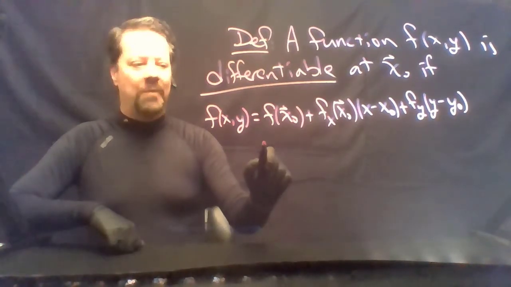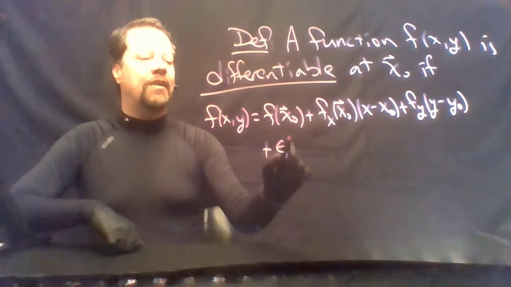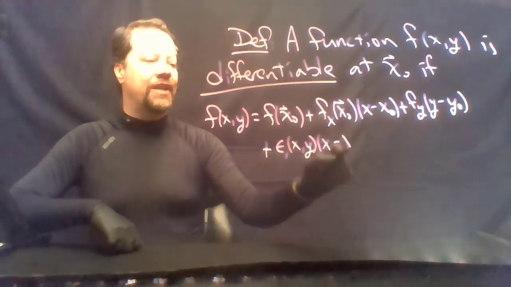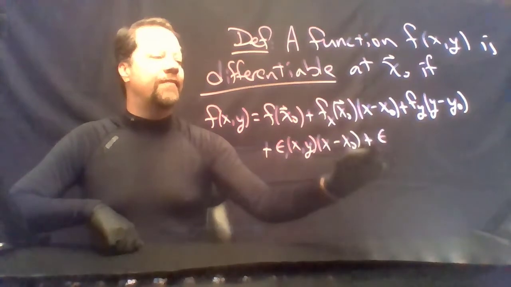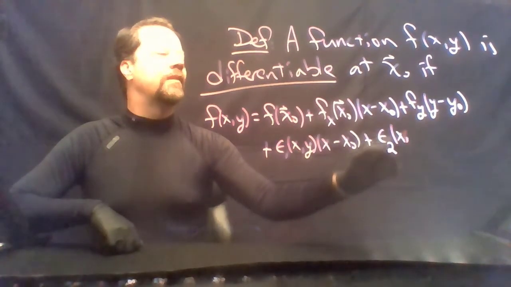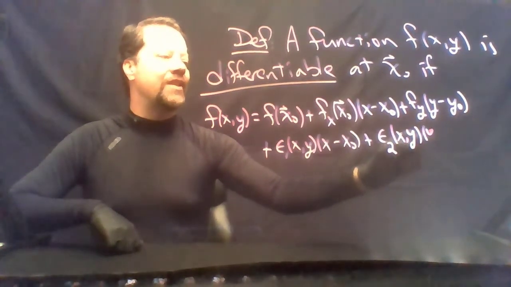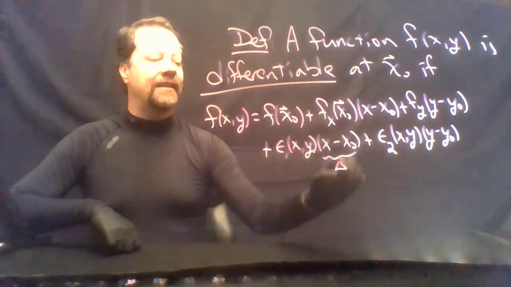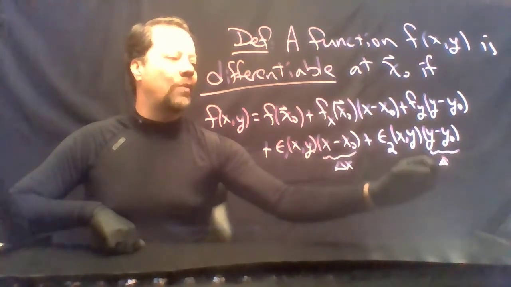And here's the error part. There's some function epsilon 1 of x and y times the little change in x, plus another function epsilon 2 in x and y times a little change in y. We'll think of this as a delta x and this as a delta y.